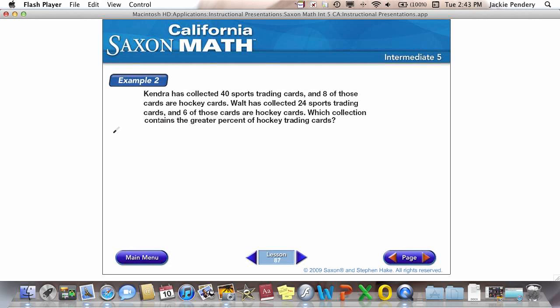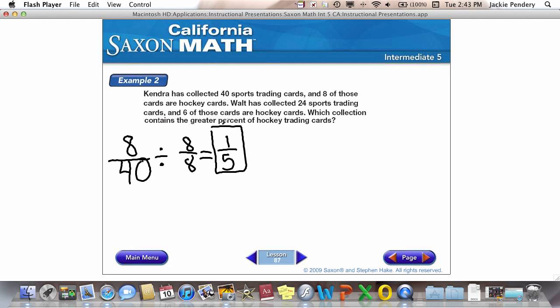So let's look at Kendra first. Okay? Kendra has 8 hockey cards out of a total of 40 cards. So her ratio is 8/40. I can reduce this. I know that 8 is a factor of both 8 and 40. So 1/5 of Kendra's cards are hockey cards.